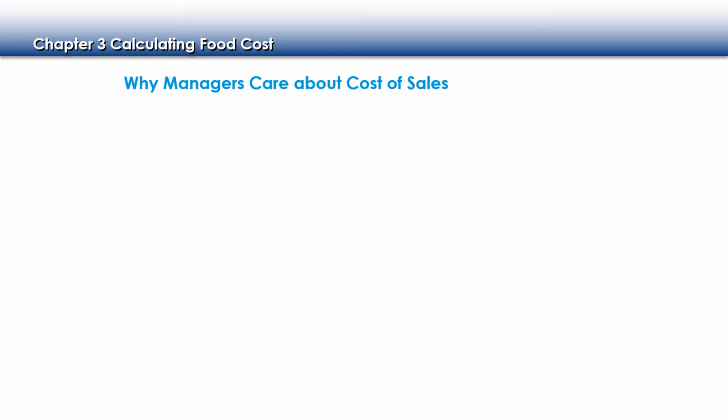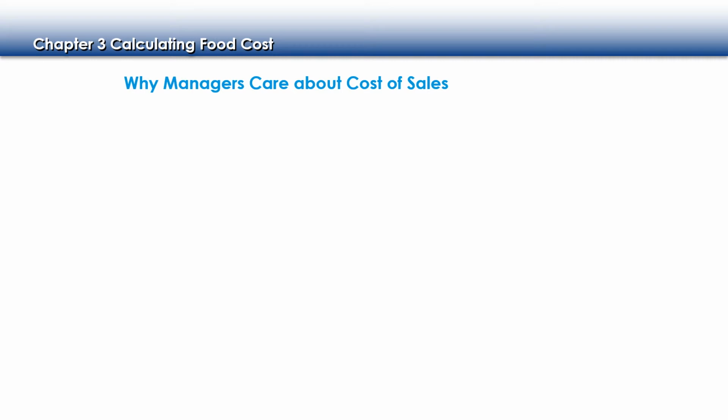So why do managers care about the cost of our sales? In the previous video, we talked about the cost of our goods sold, how much money it took us to prepare all of that food. And so we're looking at the cost of our sales because when we sell something, we are getting a specific dollar amount, the menu price. Now, what we actually use in the production of that item needs to stay fairly consistent.